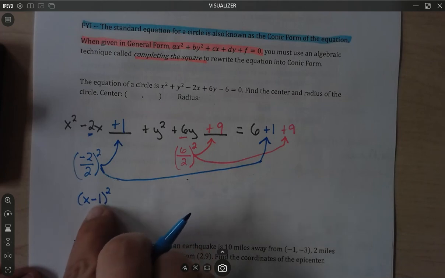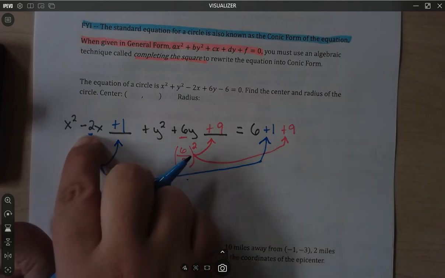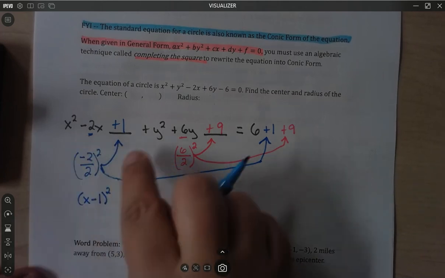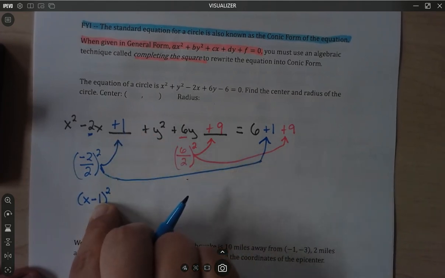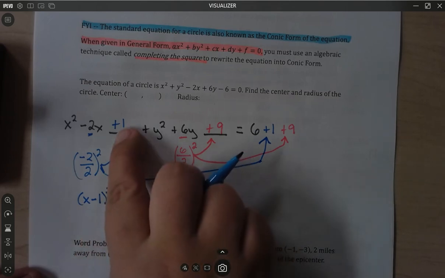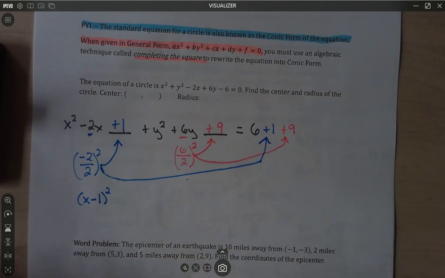And now I know this has to be a -1 because my middle term is negative. But then my last term becomes positive, so when I FOIL this back out, -1 times -1 is +1. Then I have to add to that what happens with the y's.